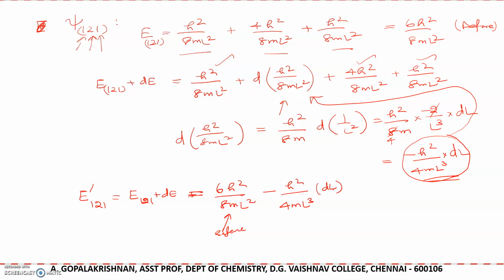So this is the new energy of the state 2 1 1. Now similarly, if you carry out a similar calculation on the psi 112 state, you will get a similar expression. So I am not going to do that.